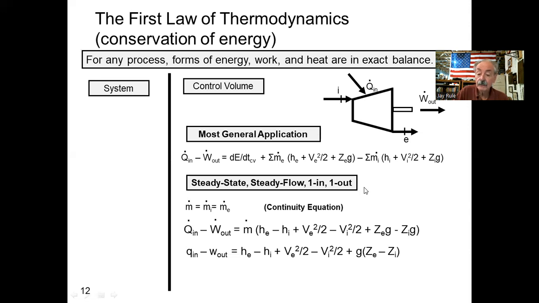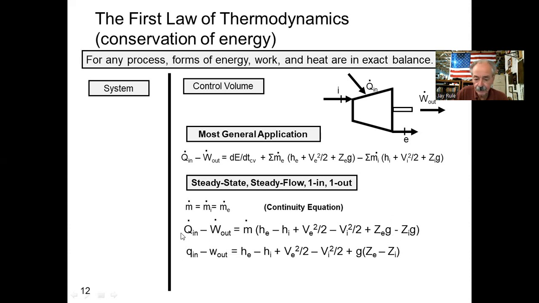You might have a steady state, steady flow open system with one inlet and one outlet, where the two mass flows must equal. That's the continuity equation. And then the statement of the first law of thermodynamics for an open system, two ways to write it. Q dot in minus W dot out is equal to m dot, the inlet and outlet are the same, times change in enthalpy, he minus hi, plus change in kinetic energy, Ve squared minus Vi squared over 2, plus change in potential energy, z height times g.